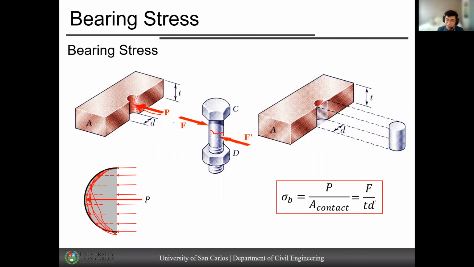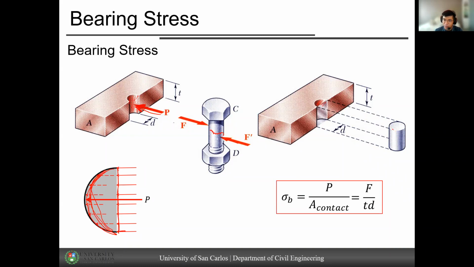So that's why it's T times D. It's like a rectangle, the way it presses on your material.